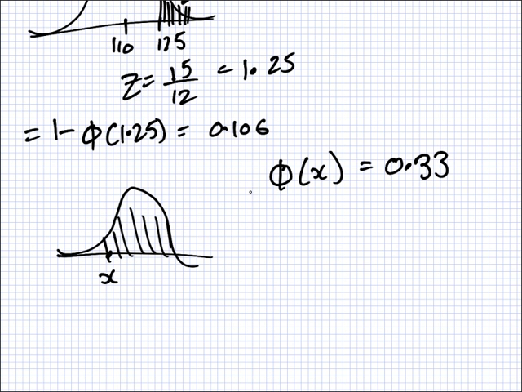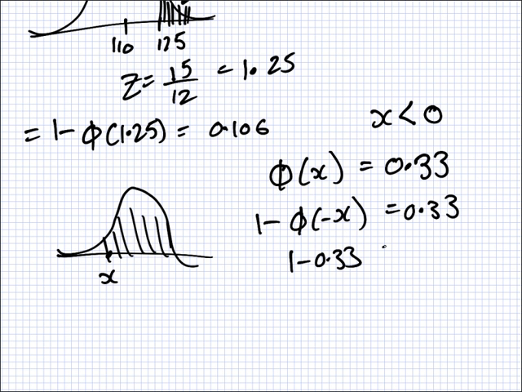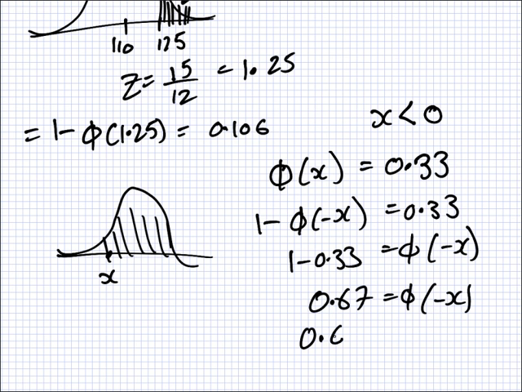But the only problem is we know that X is negative. So 1 minus the positive value would be 0.33. So 1 minus 0.33 should equal the value when it's positive. So 0.67 equals that. What value do we need to give us 0.67 in the table book?